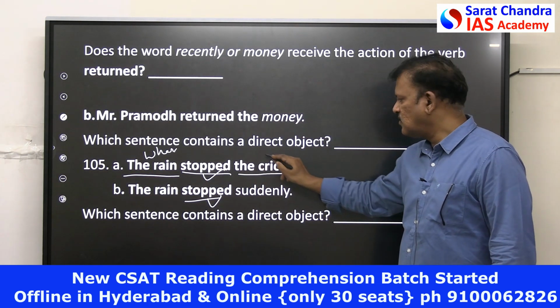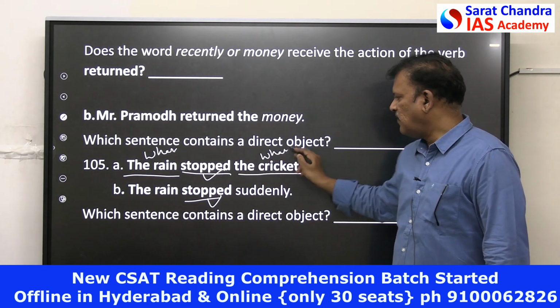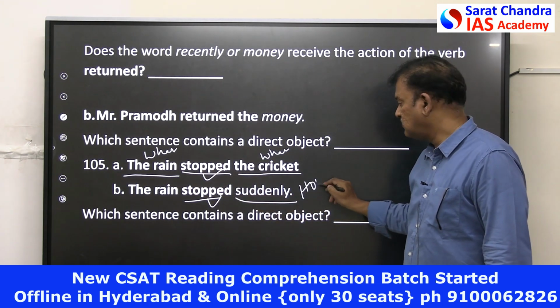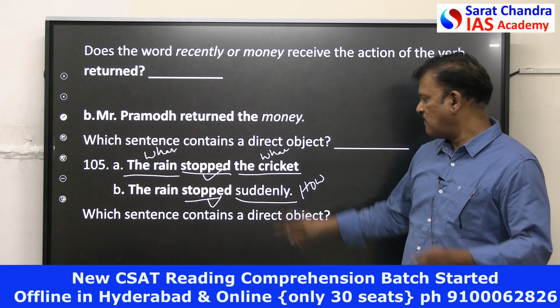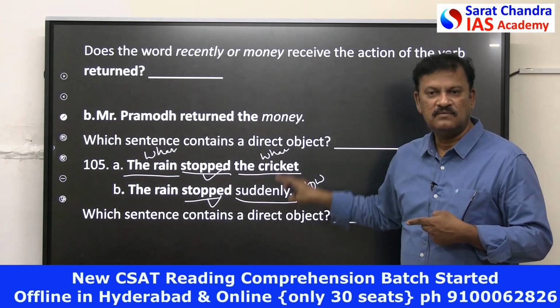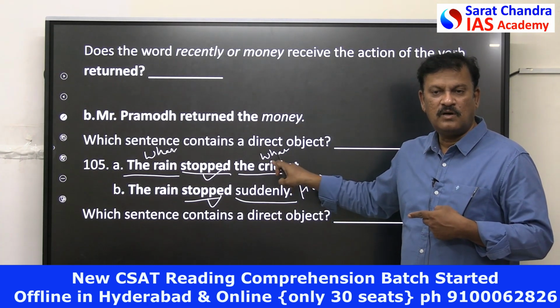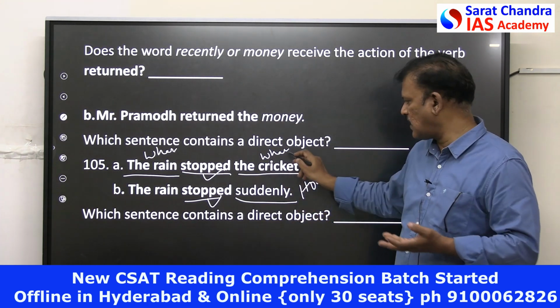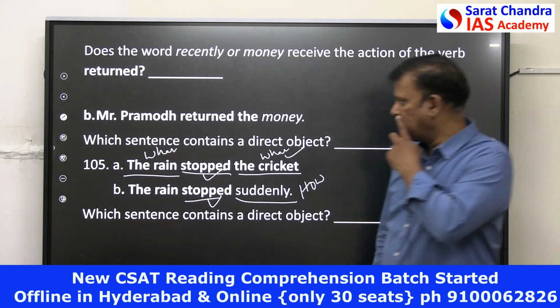What stopped? Now, which one is the direct object? This one or this one? This one, because it is giving me the answer for what or whom.